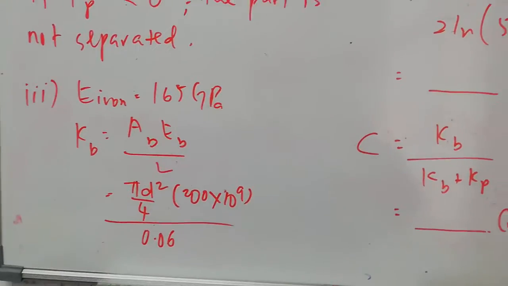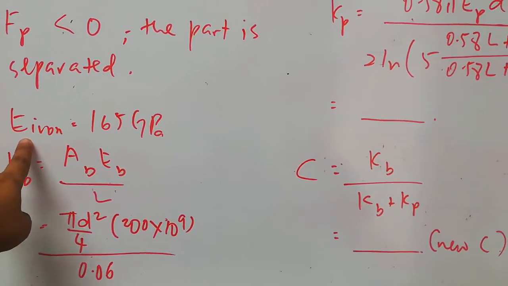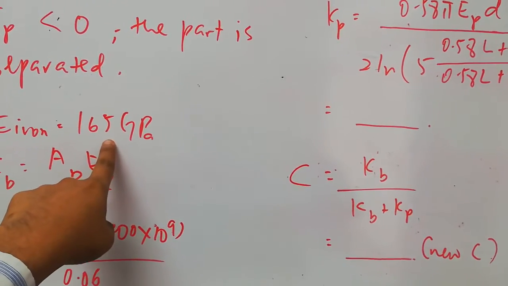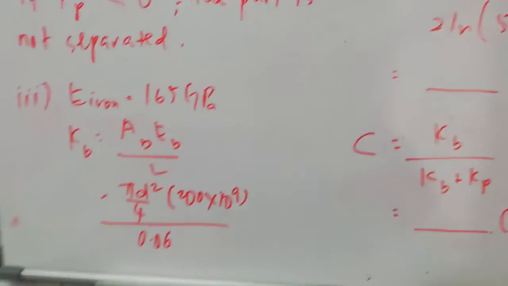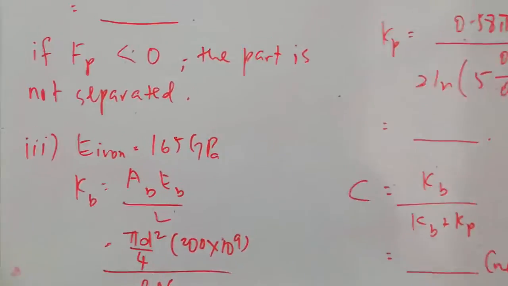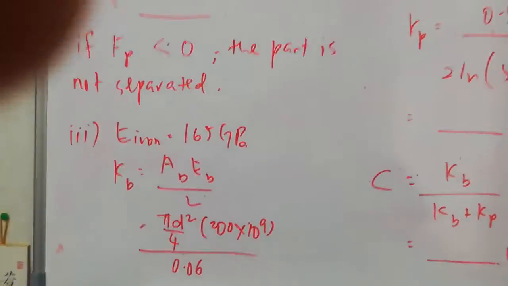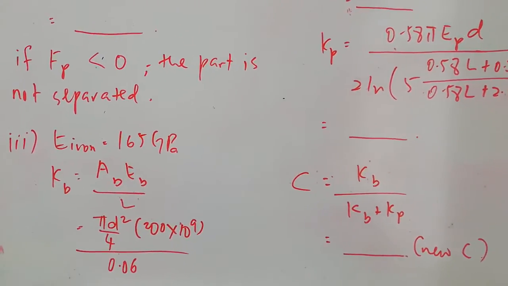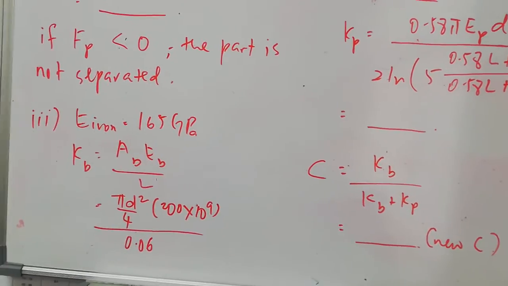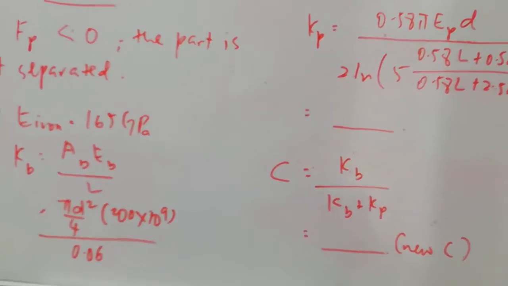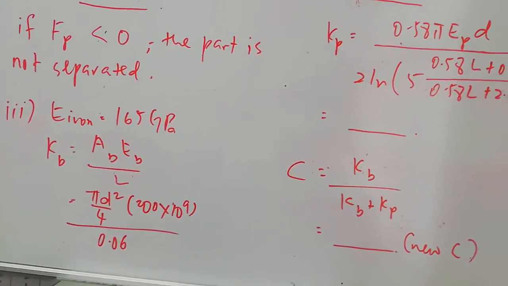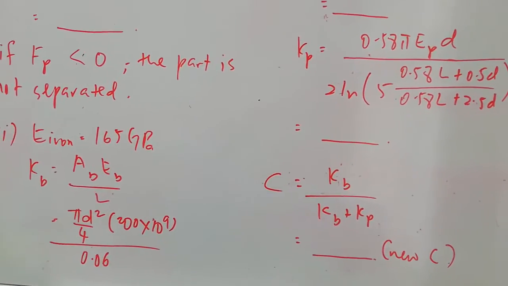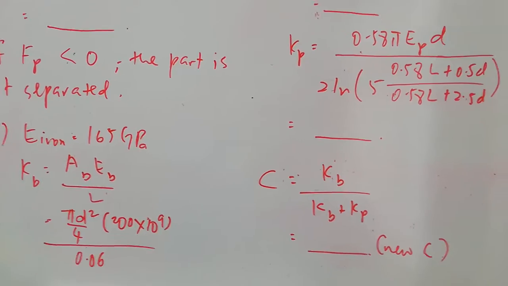Based on the table, we get the modulus of elasticity of cast iron, which is 165 megapascal. Since we have changed the material, we need to determine the stiffness constant of each part, the stiffness constant for the bolt as well as for the clamp part.